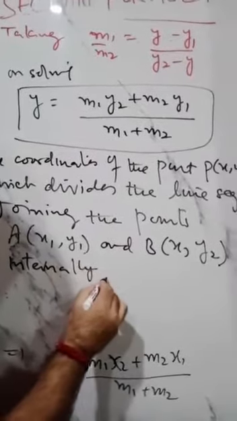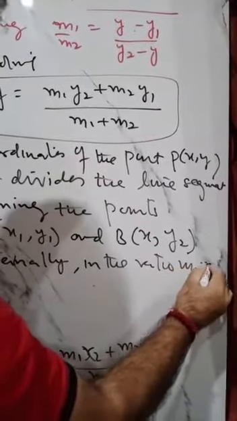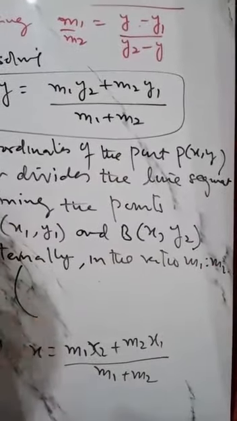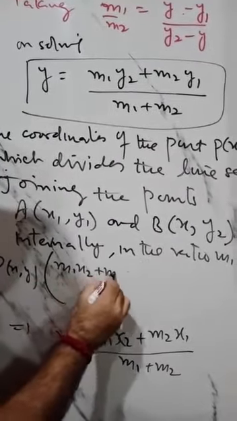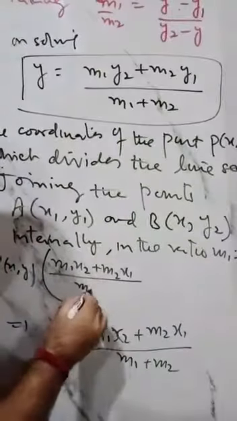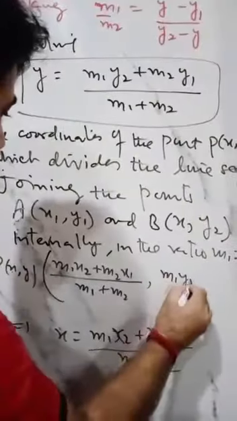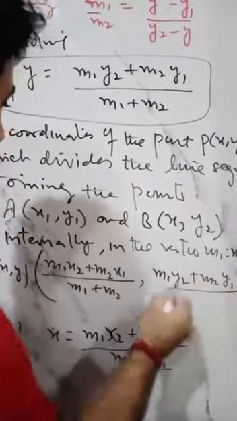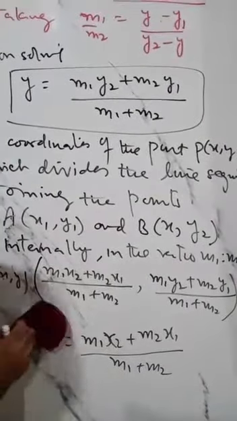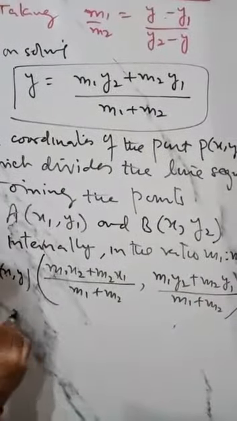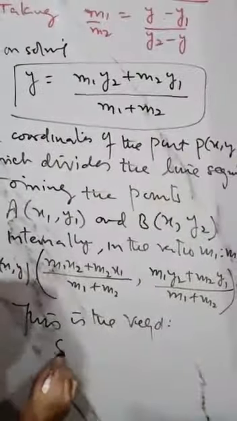Internally is essential. So you will get the values of P(x, y), that is x is m1x2 plus m2x1 upon m1 plus m2, and the value of y is m1y2 plus m2y1 upon m1 plus m2. This is the required section formula.